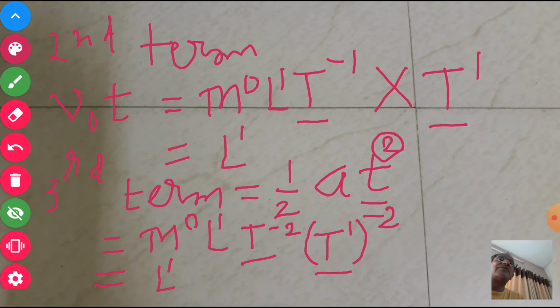When the dimensions on the left hand side and the right hand side are the same, we can say that the given equation is dimensionally correct. This way you can easily check whether an equation is dimensionally correct or not.